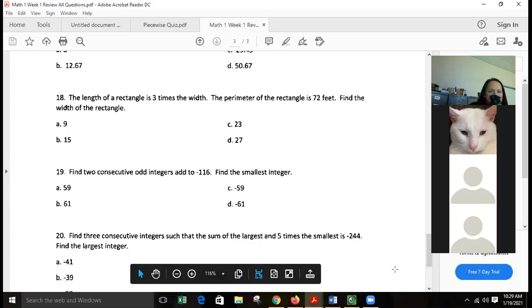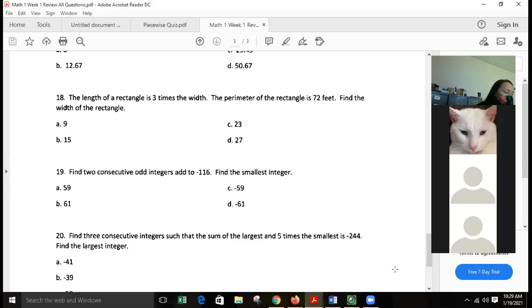3 consecutive integers, the sum of the largest. I'm just writing it down. Okay, 3 consecutive integers.